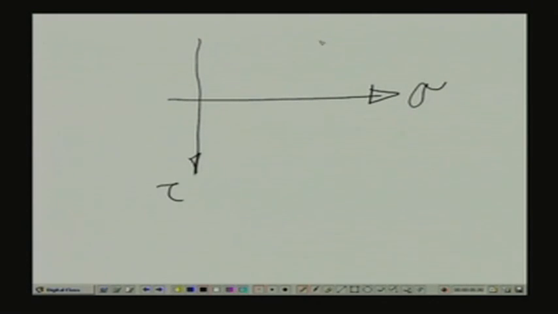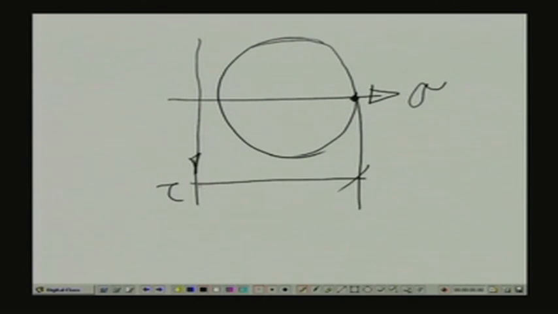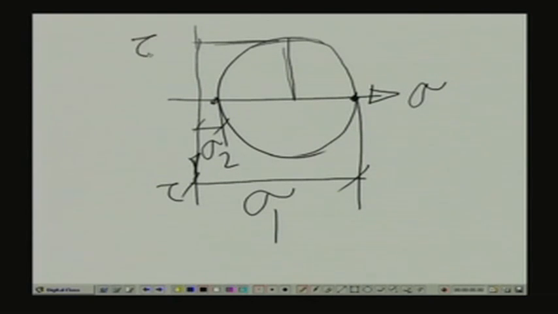Now, in the Mohr circle, the point on the maximum normal stress is sigma 1 and the minimum normal stress is sigma 2. The radius of this circle defines the maximum value of the shearing stress, which is tau max, and tau max is given by sigma 1 minus sigma 2 by 2.